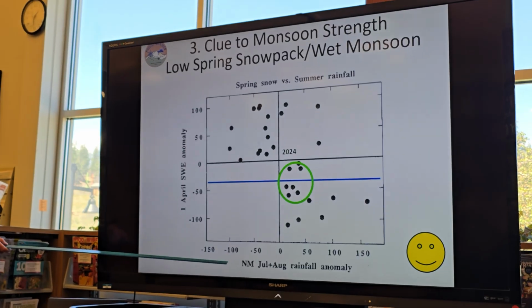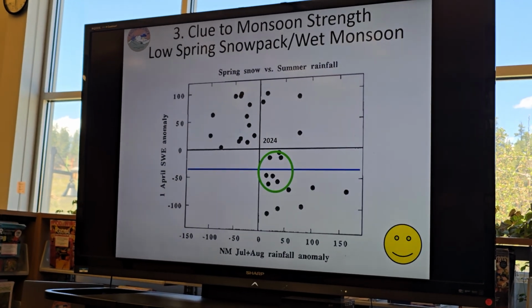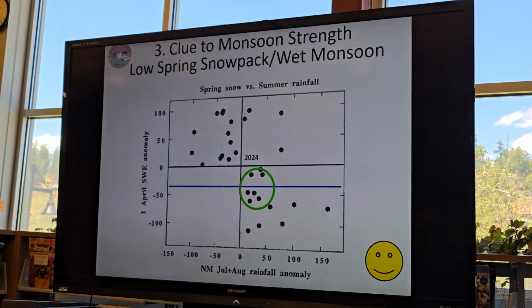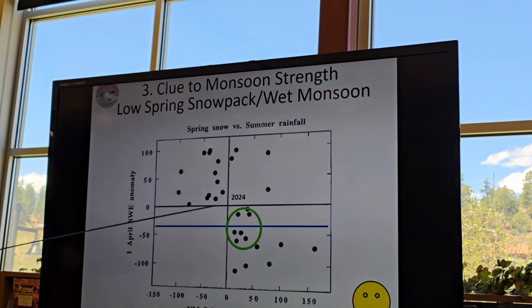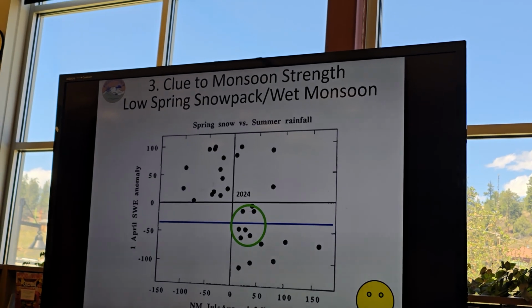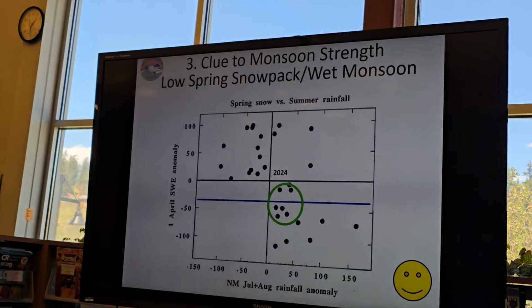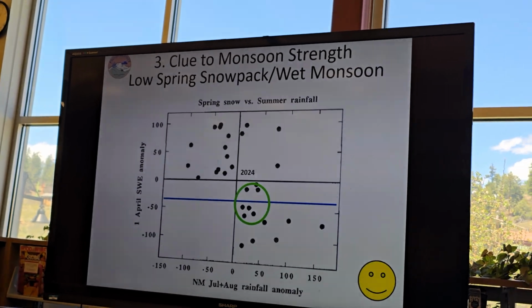And this along the bottom is how much rainfall you have percentage-wise. So it's saying that with the low snowpack, we would have above average moisture for the monsoon.